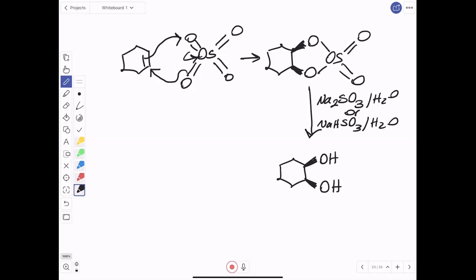And this is the product. The mechanism for permanganate is very similar. Do you have any questions so far?